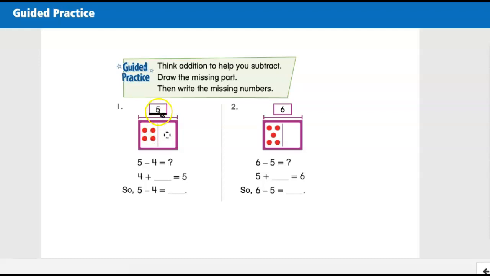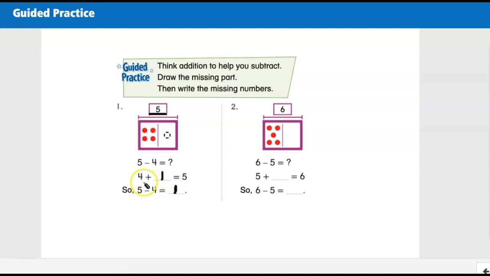If my total is 5, then I do not have all of the counters, so I am missing one part. So if I look at my model and it says 5 minus 4 equals blank, and I'm not sure, well, if I know that 4 plus 1 is equal to 5, using that addition will help me see that 5 minus 4 is 1.